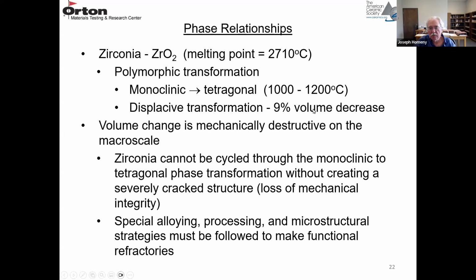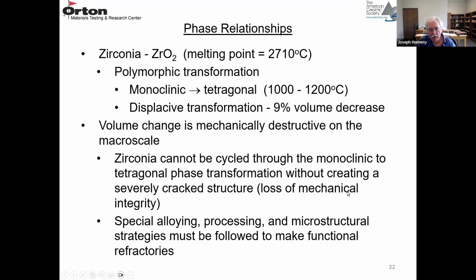So going through this displacive transformation is a destructive process. The mechanical properties are really degraded. So it's going to create a severely microcracked structure. So you really can't cycle zirconia through this monoclinic to tetragonal phase transformation without creating a severely microcracked microstructure.